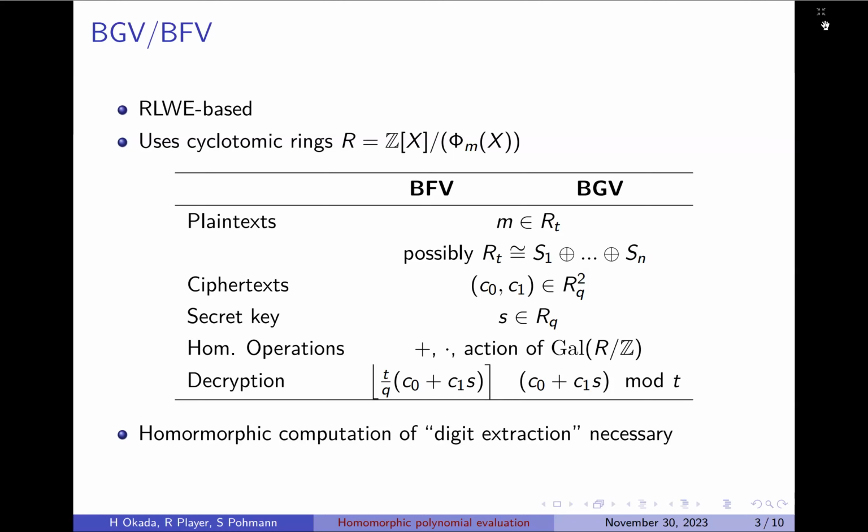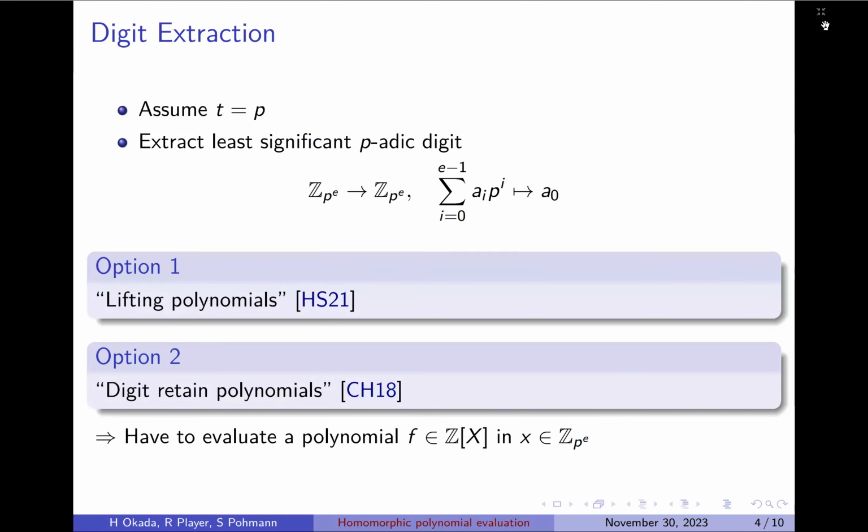Digit extraction refers to this function here, which goes from Z modulo p to the e to Z modulo p to the e. Here we assume that the plaintext modulus is p, and e is an exponent, usually a small integer, say 2, 3, maybe 10.